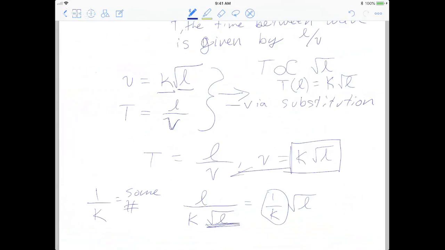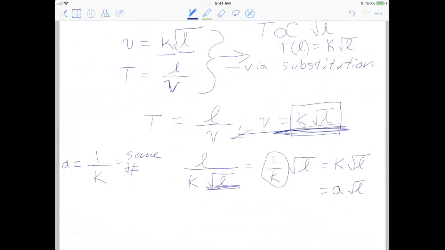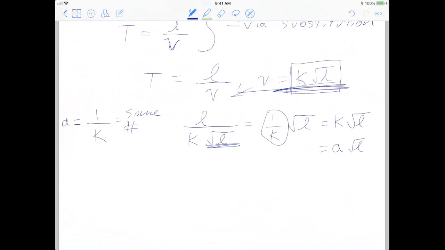So we can just redefine this as K root L. If you like, we could call it something different: a number A times the square root of L. Then we'd have this relationship where A was 1 over K from our original directly proportional equation. So there you have it. That's why T turns out to be directly proportional to L to the 1/2 power, or the square root of L.